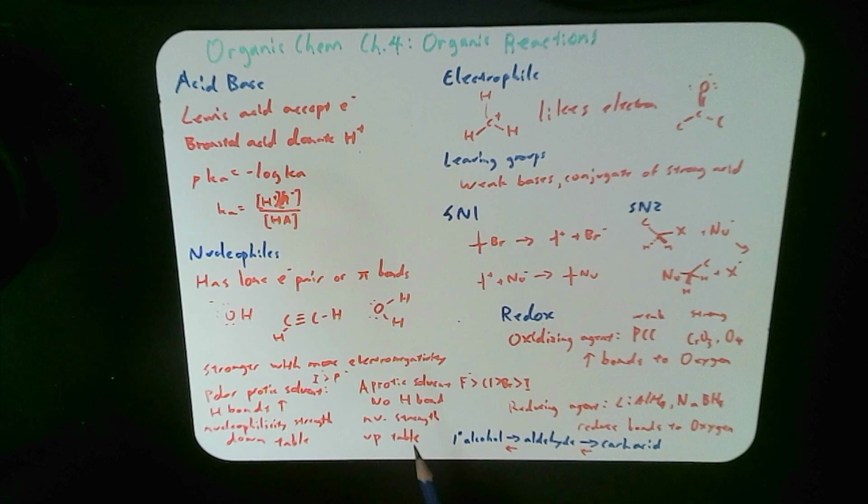Now, the best example to show is group 17: fluorine, chlorine, bromine, and iodine. Because fluorine is the highest on the electronegativity scale amongst these four, in an aprotic solvent, there's no hydrogen bond to take away their nucleophilicity, so they could all stay in their base form, an F- form, or a conjugate base form, right?